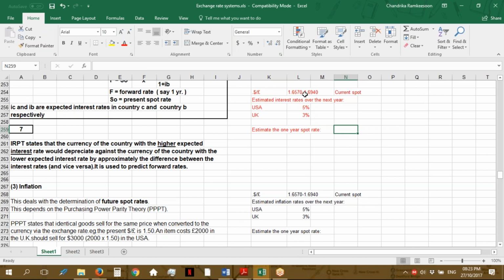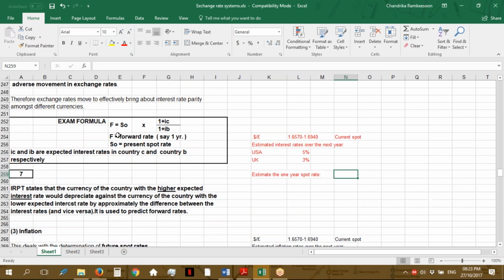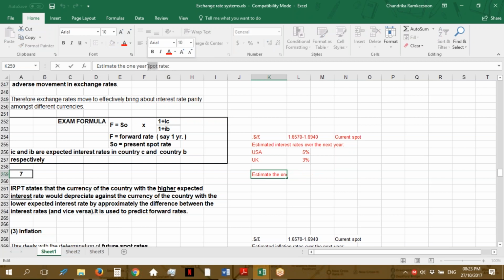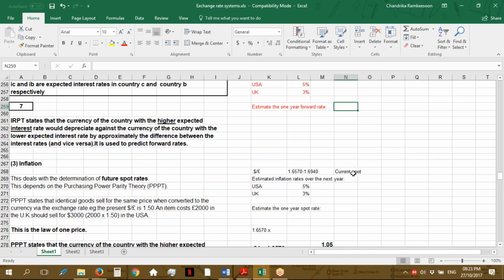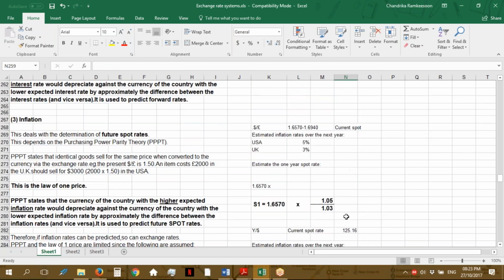But this is still the current spot. If you look at the formula, watch this. F is the forward rate, say in a year. S0 is the same spot rate as the one down here. And these are interest rates. Estimate the 1 year forward rate. Now we will do the same thing as what was done down here.